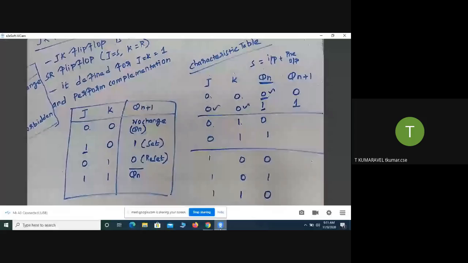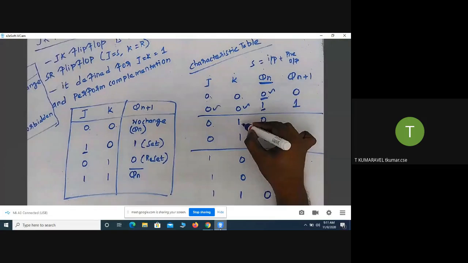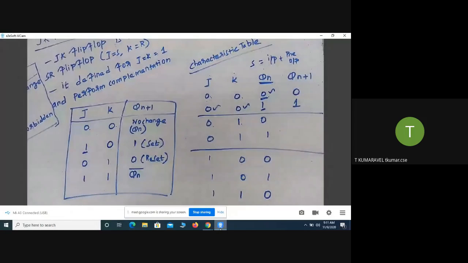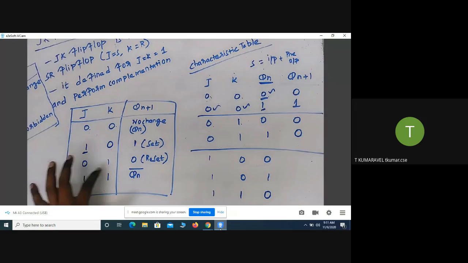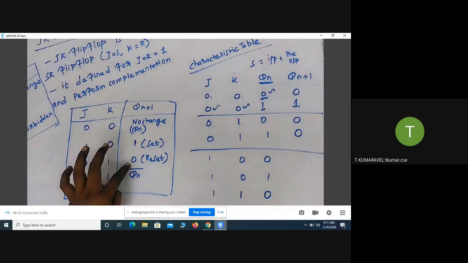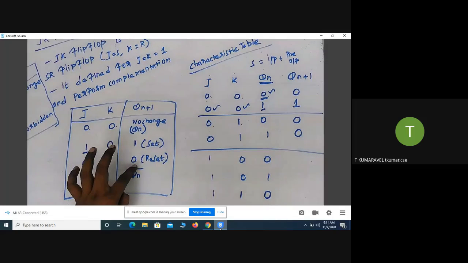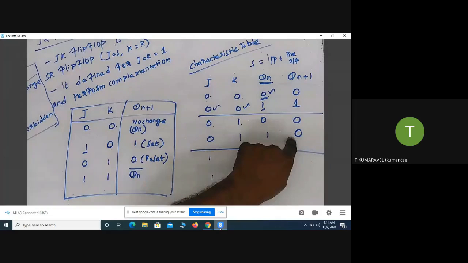If K value equals 1, whatever the previous output was, it does not consider it. It generates output value 0. Look at the table: my input combination is 0 1, meaning K equals 1, so definitely the current state output equals 0. That is called reset. That's why I write 0.